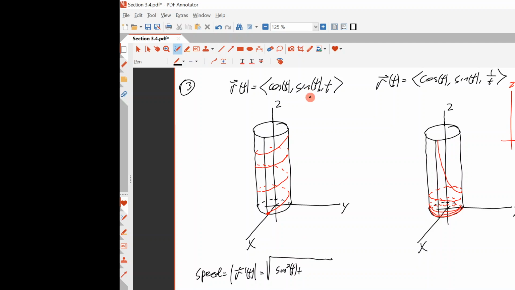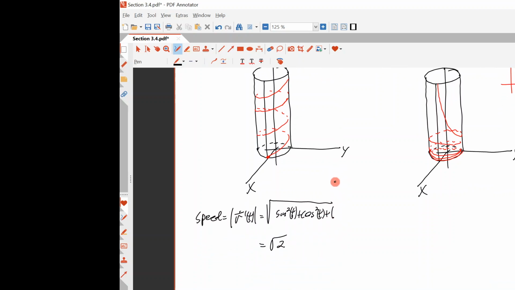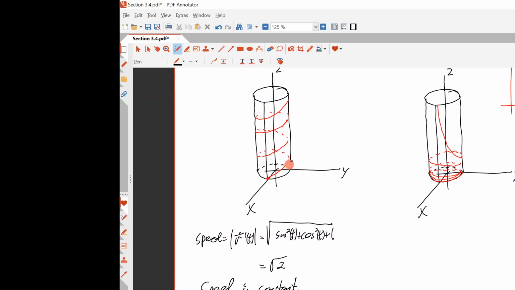The derivative of this is cosine squared t. The derivative of that is 1. So you just get 1. So this is square root 2. So speed is constant. Speed is constant for this standard helix.